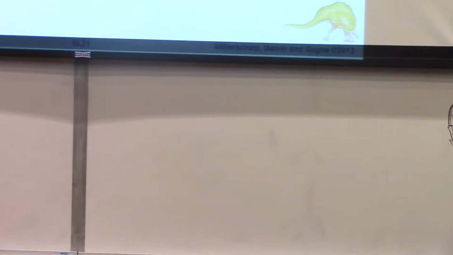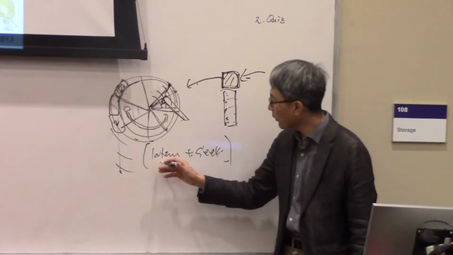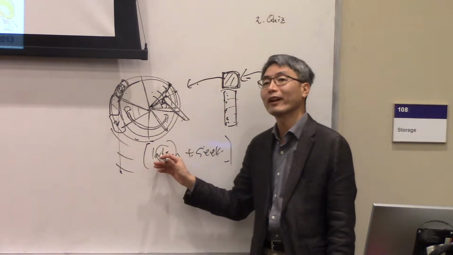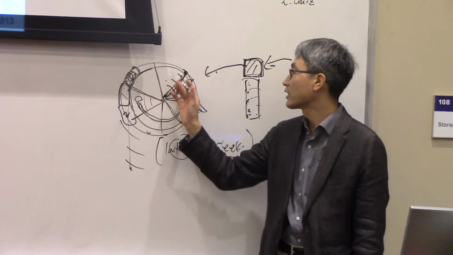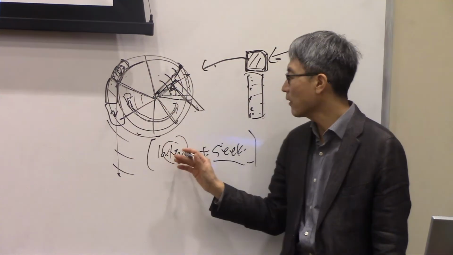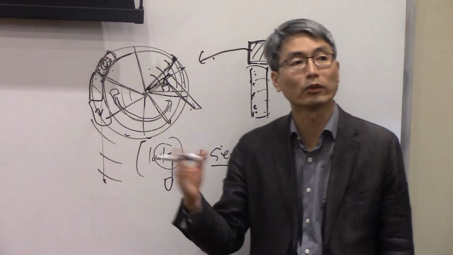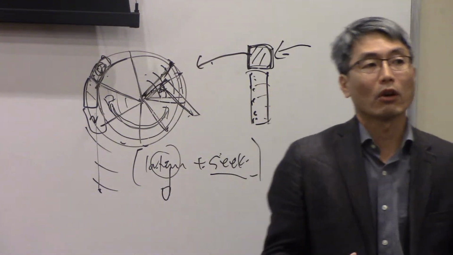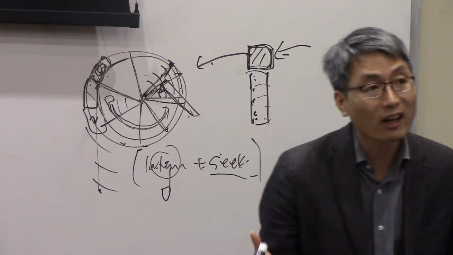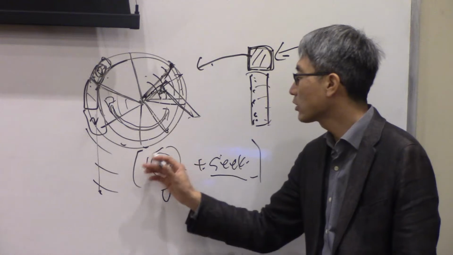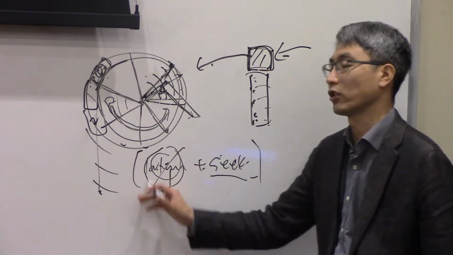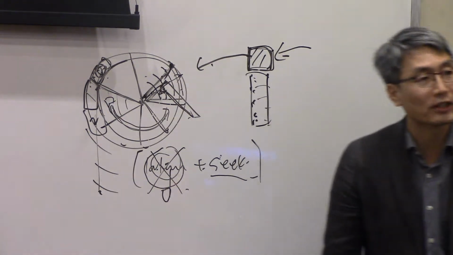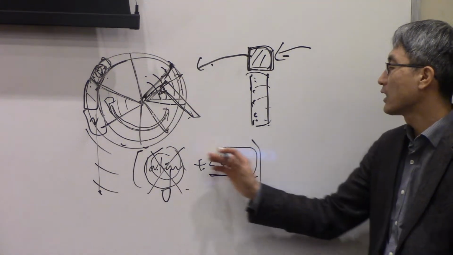Nowadays, however, the rotational latency is small compared to the seek time. The seek time moving left and right is very slow, because the disk rotates around 50 to 60 times per second, even faster. So sometimes when we design the disk scheduling, we ignore the rotational latency. Instead, we just check the seek time.